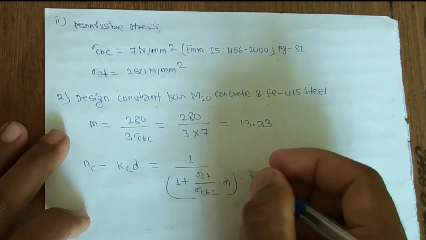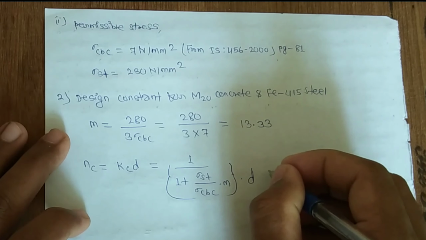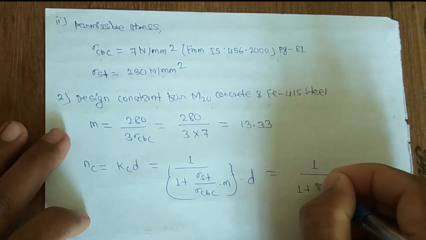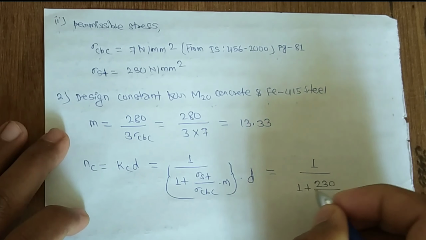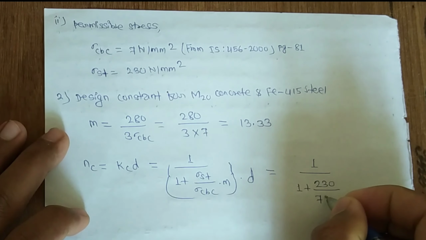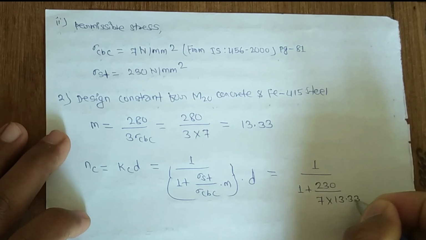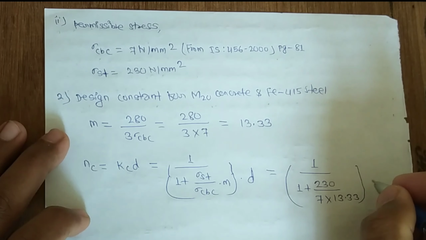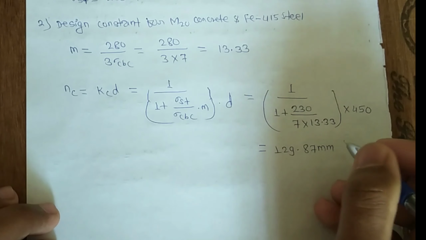So 1 by 1 plus 230 divided by 7 into 13.33, and the d value we calculated is 450. So the value we get is 129.87 mm.